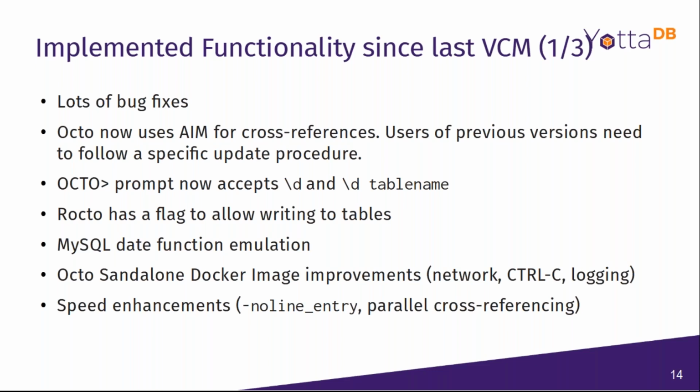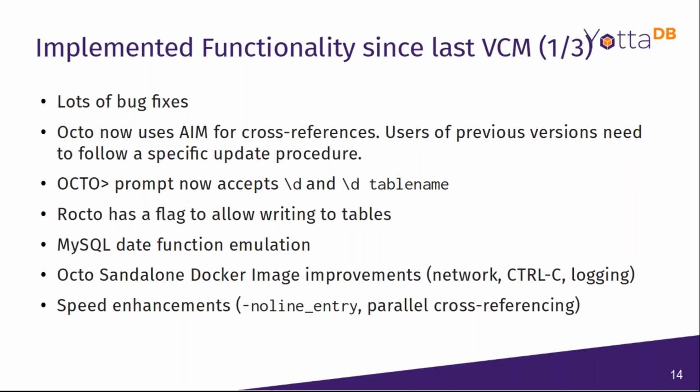The next thing that happened was the Octo standalone Docker image improvement. We had an Octo standalone Docker image. It's not frequently used. We publish it for people to try things. It was not set up well, actually. I found a lot of problems with it, and I finally fixed them all. So now it behaves exactly how you expect a Docker image to behave.